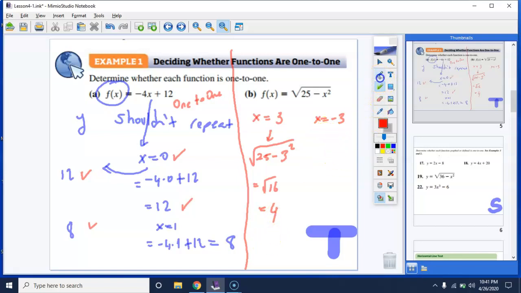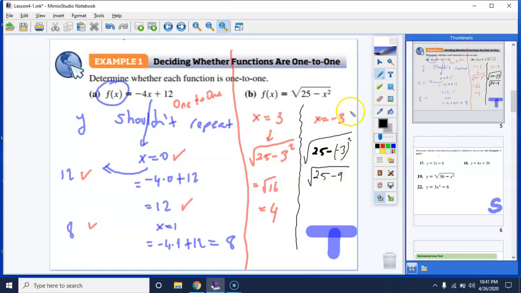It's going to be the square root of 25 minus negative 3 squared. Let me go this way so we can see better. So negative 3 squared should be 9. So it's going to be 25 minus 9 anyway. Because if you square 3, 3 squared is 9.